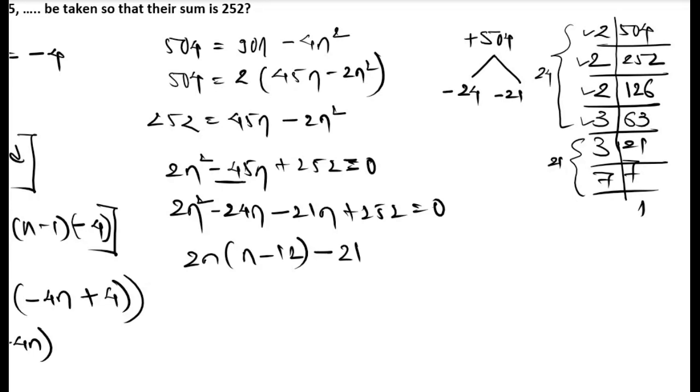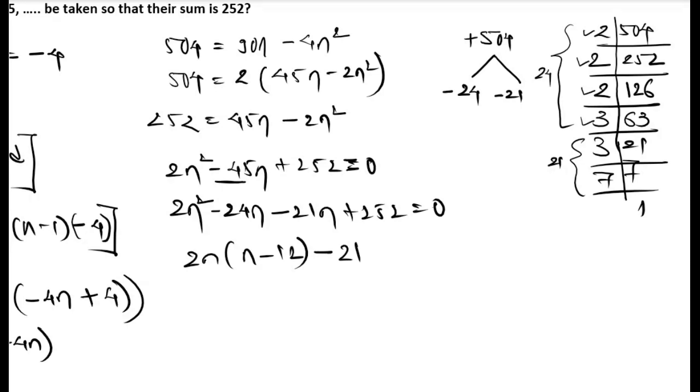hey, there is some problem here. 24 will remain inside. What is the issue? There is some problem here. 2 twos are 4, 2 fours are 8, 3 eights are 24, 21, 504. Okay, 1 second.